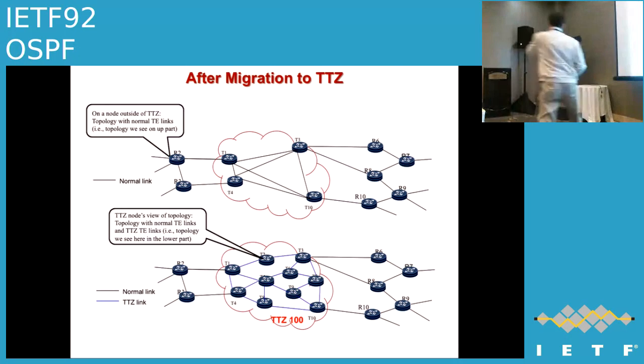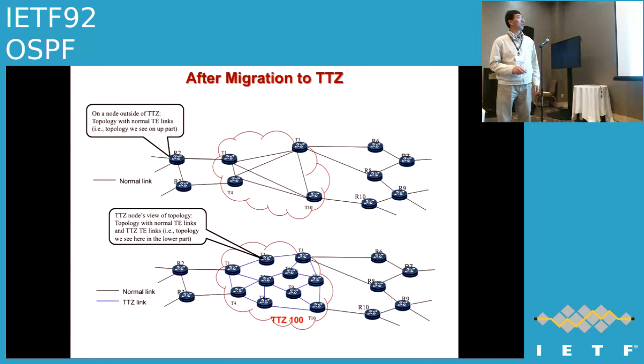Rajan, my question is, I think you are trying to advertise T1, T3 outside of your transparent zone, right? Just among the edges. So what is the bandwidth you are going to advertise? We have an algorithm to find the maximum bandwidth path from T1 to T3. But you have multiple links.